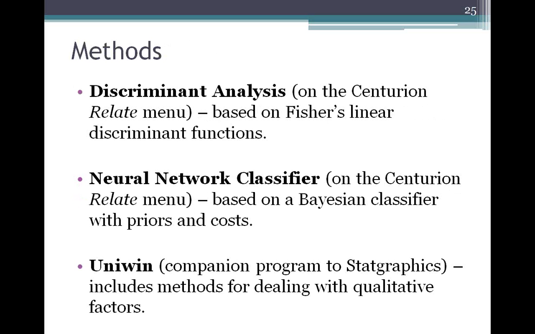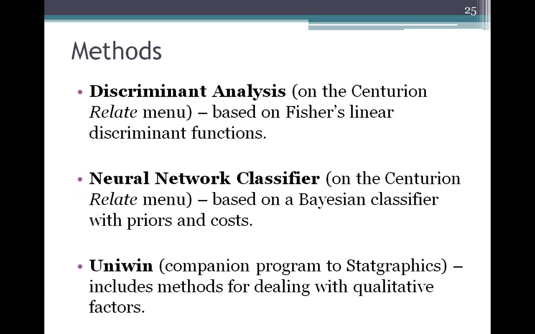Secondly, I'm going to look at a neural network classifier, which is also on the Relate menu in Centurion. It uses something called a Bayesian classifier. The Bayesian classifier takes the information from the data and combines it with a prior probability, your prior assessment of the likelihood that an individual, for example, will be creditworthy versus not creditworthy, and also with the costs of incorrectly classifying observations.